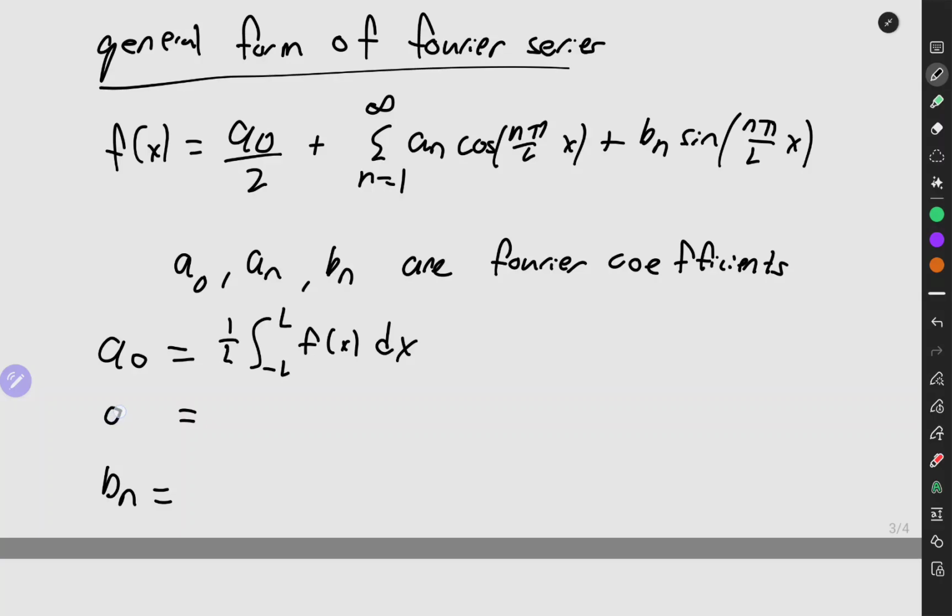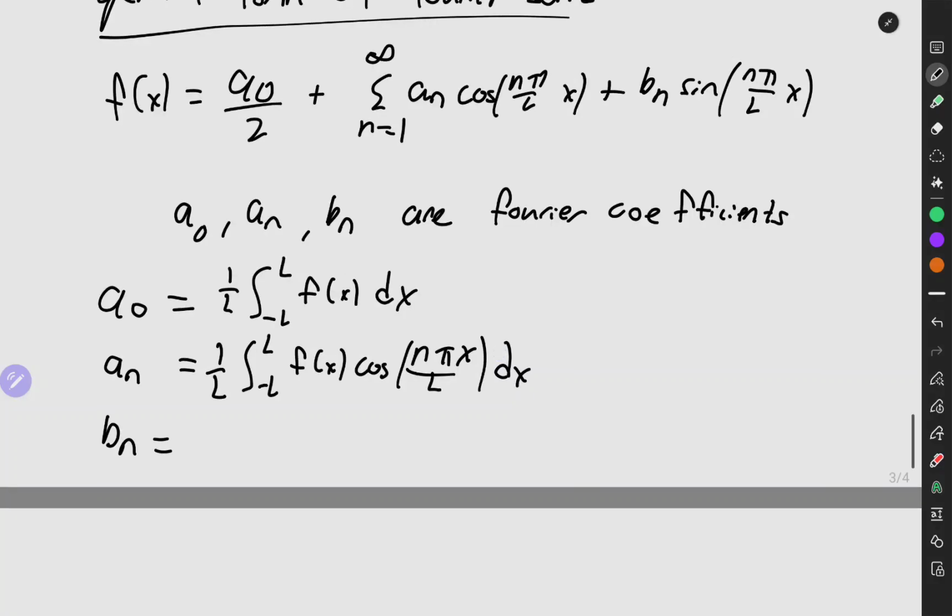And a sub n is 1 over L integral from negative L to L of f of x cosine n pi x over L dx. B sub n is 1 over L integral from negative L to L of f of x sine n pi x over L dx.